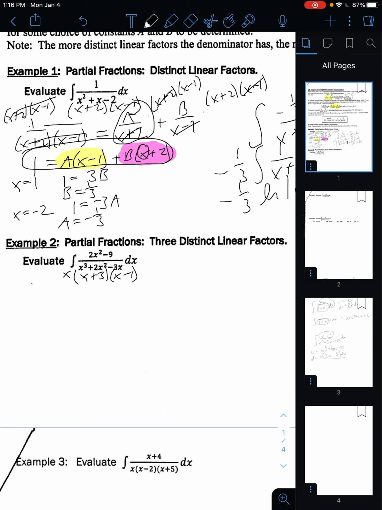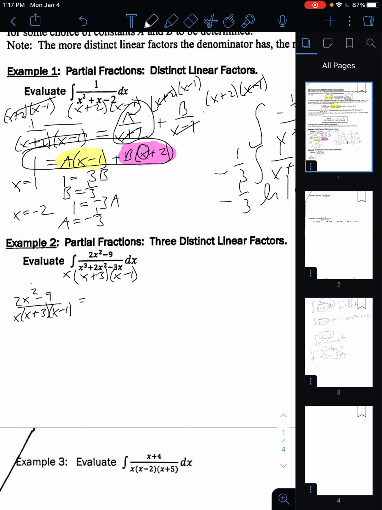So hopefully we're pretty good with our factoring. So then what I do, I take that original fraction in factored form. Now here's the deal. However many factors in the denominator that you have with x's in them, that's how many fractions you're going to be creating on the right side of the equal sign.